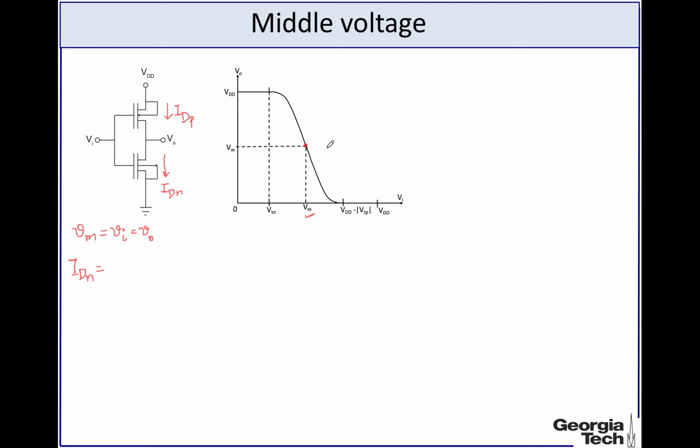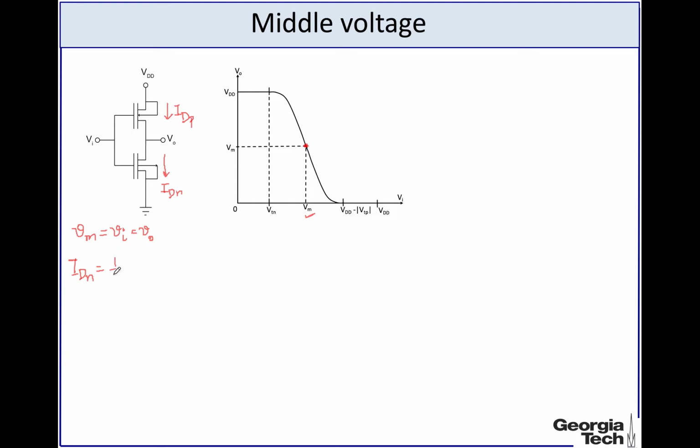I'd request you to go back to one of the previous lectures where we did the load line analysis. That's when we found out that in this particular case of 2 volts, in the middle region, both the N MOSFET and P MOSFET are in saturation.